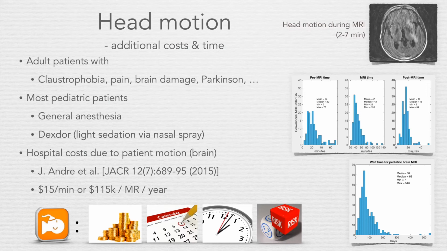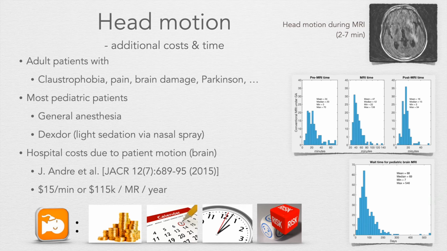To the right, you see times for MR anesthesia, pediatric MRI under anesthesia. The top histogram with 3 panels showing the time it takes to sedate a child is on average half an hour. The MRI time is about 45 minutes. And the post-MRI time, which is the wake-up time for the kid, is 15 minutes or something.